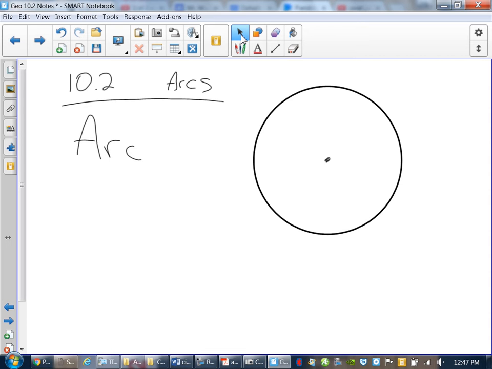An arc. An arc is a measured piece on the circle. It's basically a curved segment.